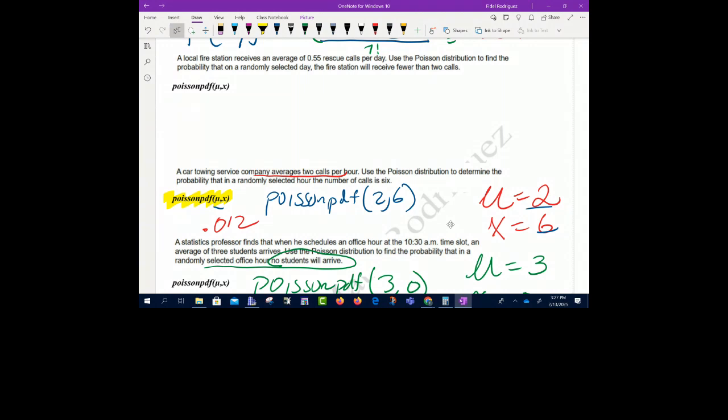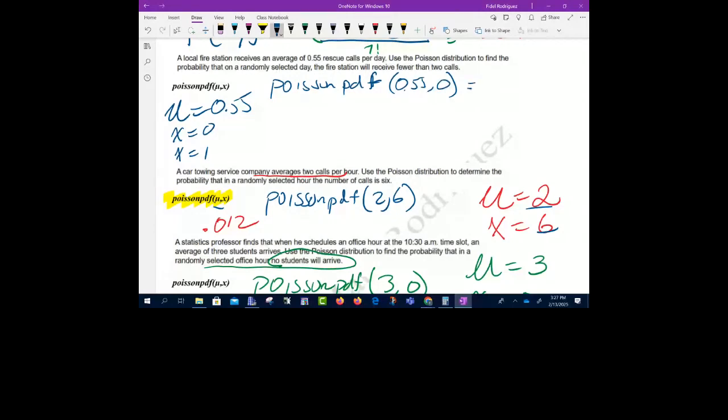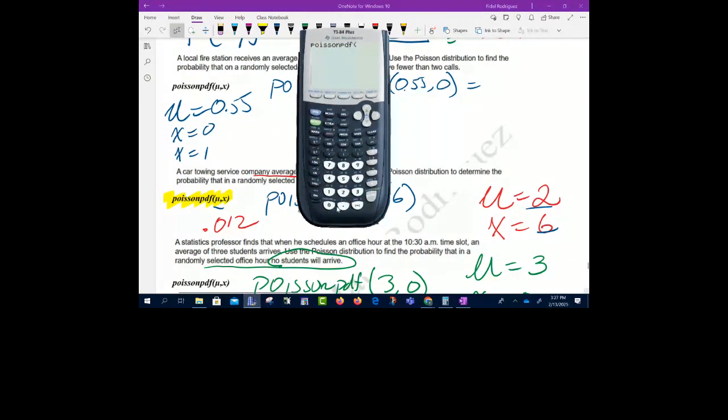So, y'all, we're going to do this twice, okay? We're going to use our Poisson PDF. Remember, my mu in this case is 0.55. We're going to do it once when x equals 0 and once when x equals 1. So we're going to go like this: 0.55 comma 0.